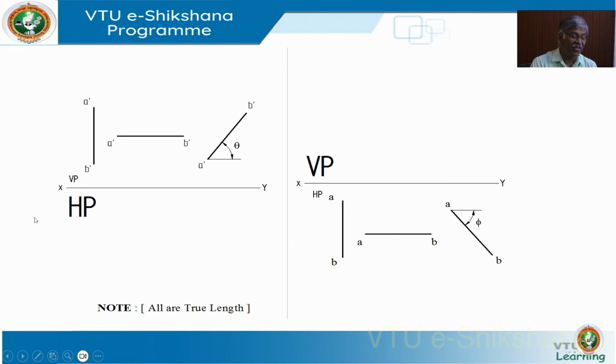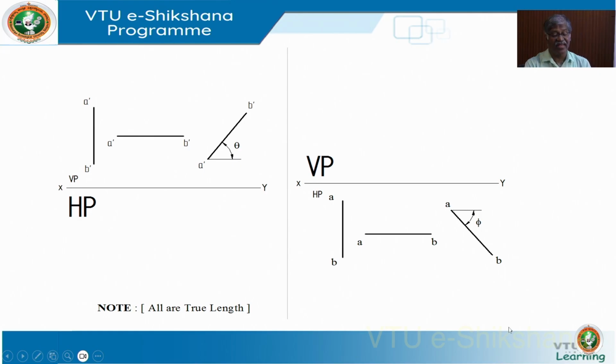That's why I kept HP with a big letter, more emphasis on HP. As I told you earlier, this length is referred to as projection length. Whenever a projection length is true length, then definitely it is parallel to HP, and this one is inclined to HP by theta.